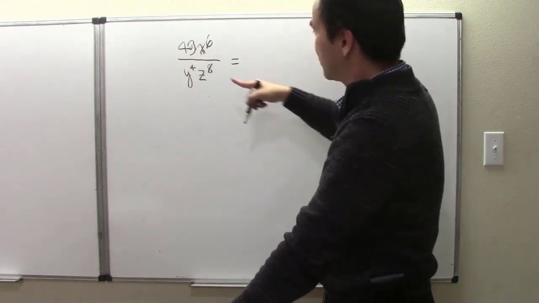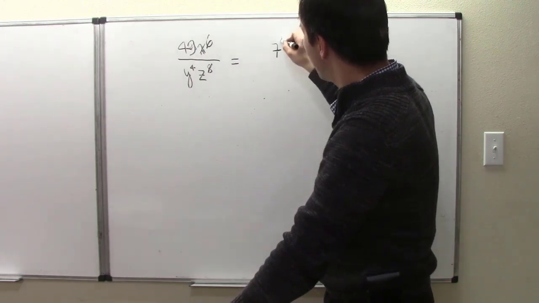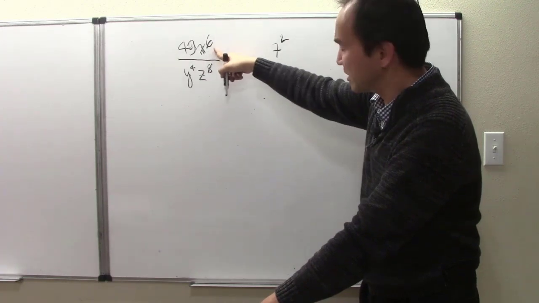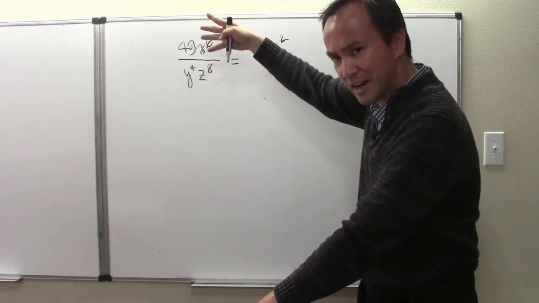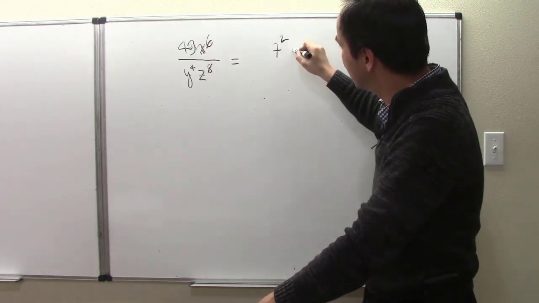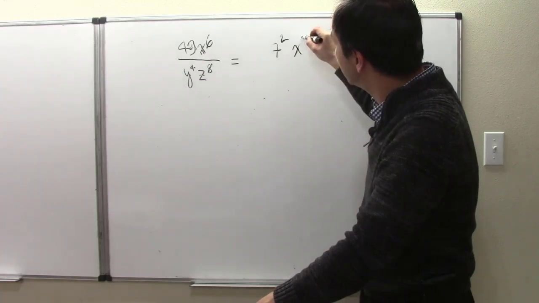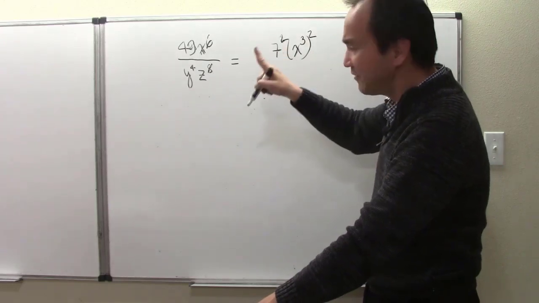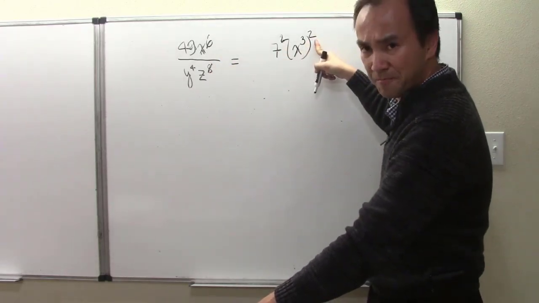So 49 is understood as 7 squared. X to the 6: after noticing that even power, x to the 6 can be explained as x cubed all squared. So anytime you have an even power, you can turn that into a power 2.